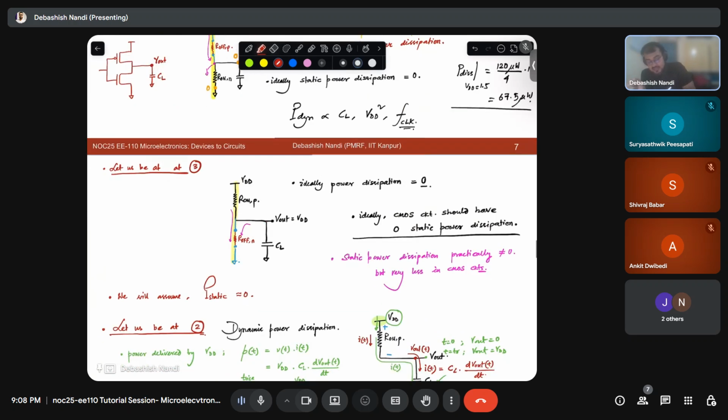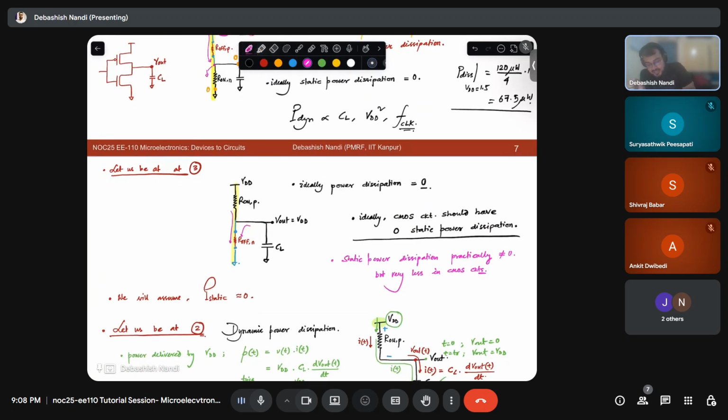Similarly, in this case, let's say you do not have your R off. Is there a direct path between VDD and ground? Again the same thing, there will be no current flowing through it, right? Yes, sir, because both ends are resistance. As soon as you make this connection, this VDD will start to discharge through this path.